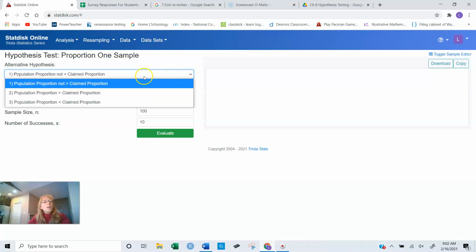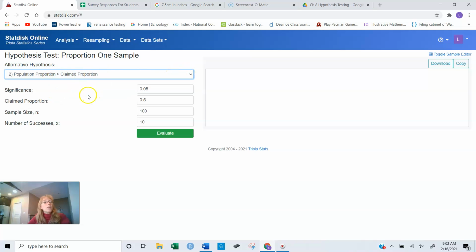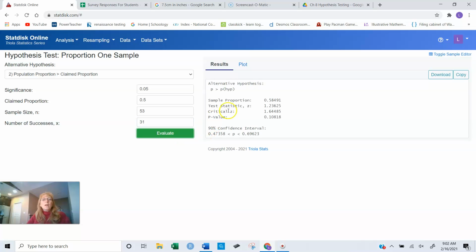My proportion is greater than the claim, it's my alternative. My sample size, there were 53 of you, and then I pretended that 31 of you prefer dogs. Then you hit evaluate.